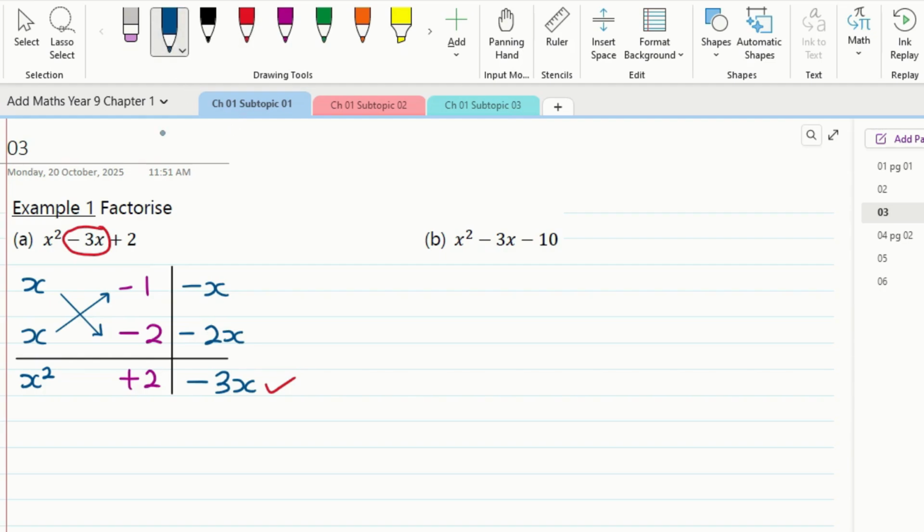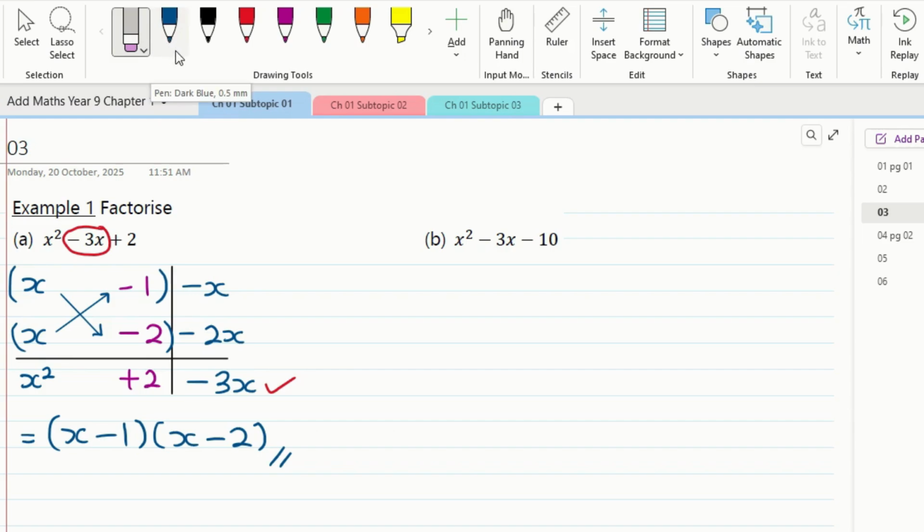So which means your answer for the factorization of this is going to be, first pair is x minus 1, and the second pair of brackets is going to be x minus 2. Right? So this is the answer for factorization of this quadratic expression. Right, moving on to the next one.